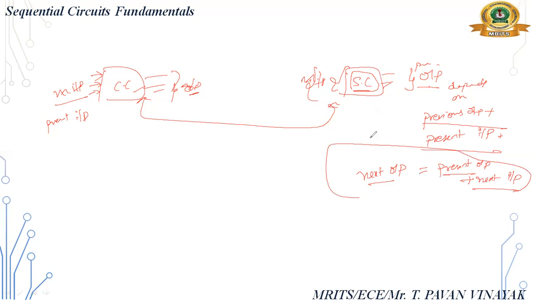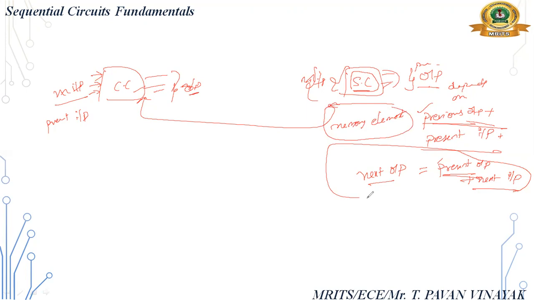So what do we require to store the past output? How is the previous output stored? So we require a memory element to store the previous output.